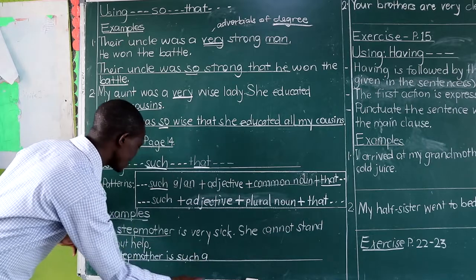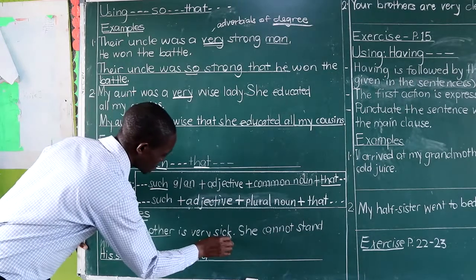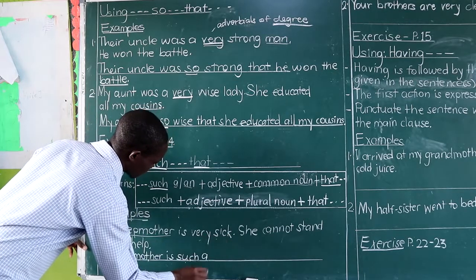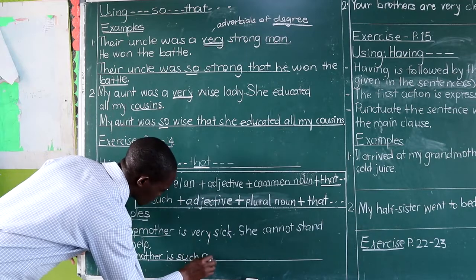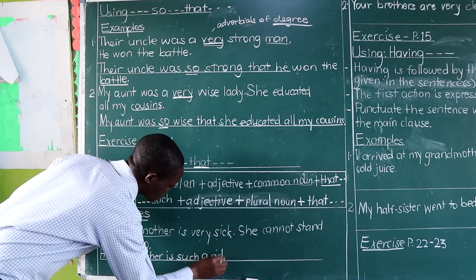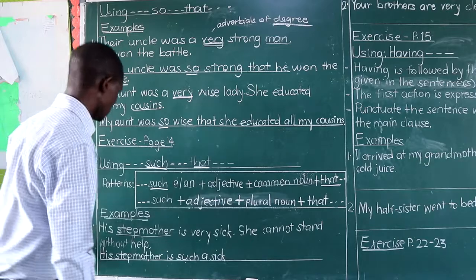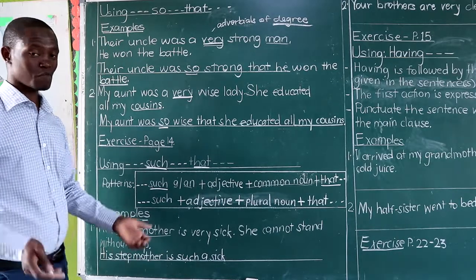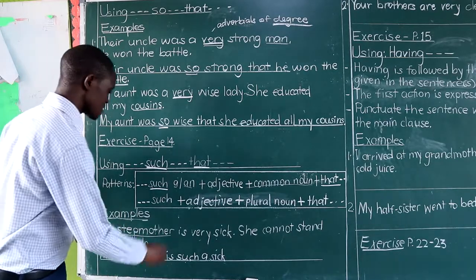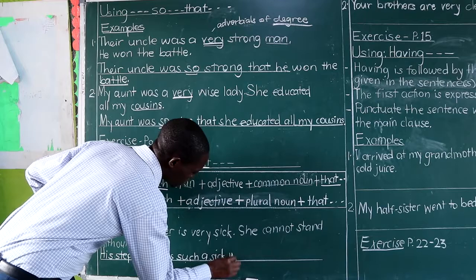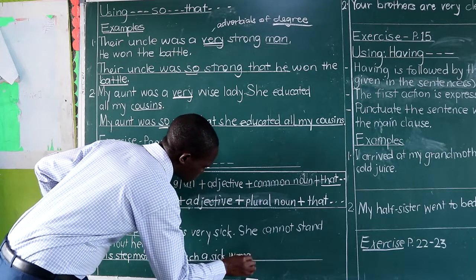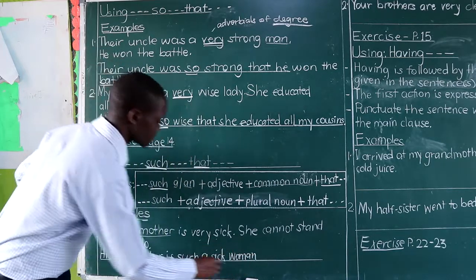Is it the or an? We have the word sick. Sick cannot come after an, it obviously comes after a. Should I say a sick stepmother, a sick mother, or a sick woman? We know all stepmothers are women, so we say his stepmother is such a sick woman. That is the common noun.